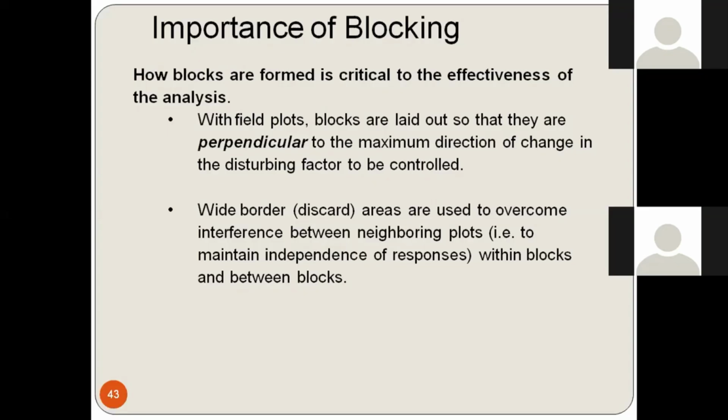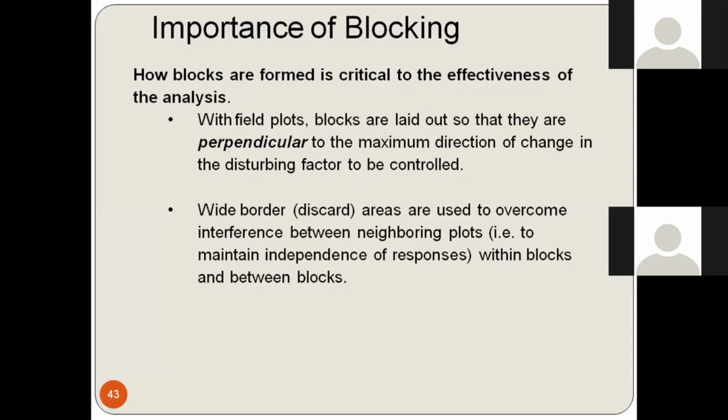The second aspect of the importance of blocking is the border. Sometimes we may have to discard border areas, which are used to overcome interference between neighboring blocks and to maintain independence of response within blocks and between blocks. That is also very important.